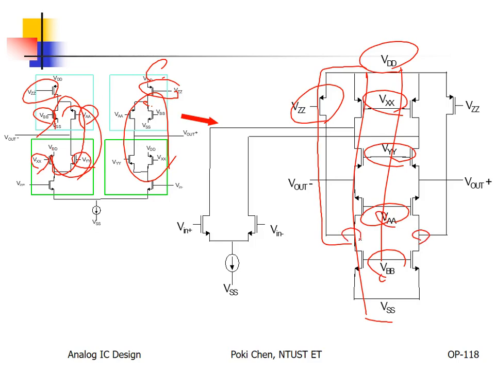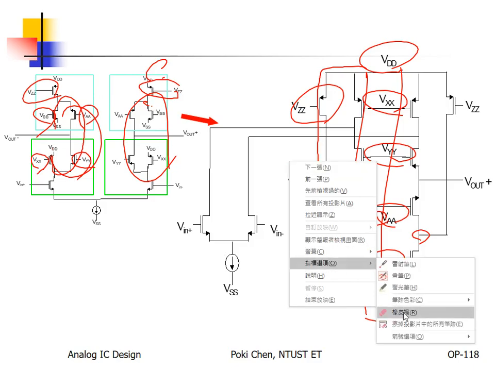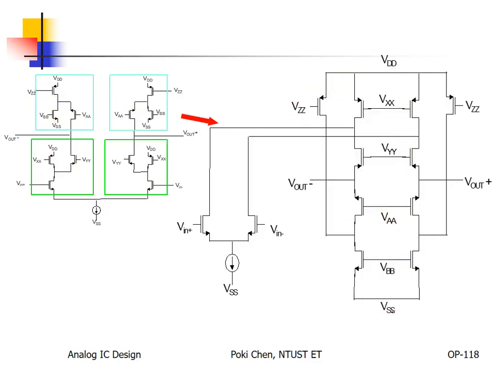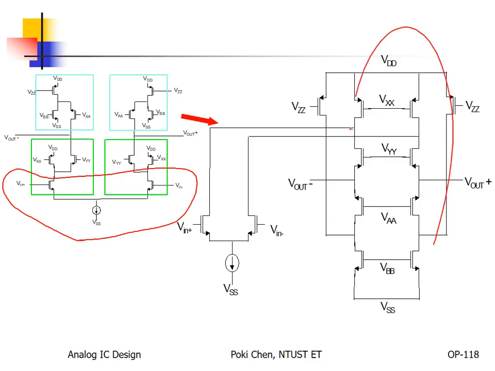And how about the rest, which are not taking care of the differential input? Where are the differential inputs attached to the circuit here? Oh, let's have a look. To the middle of VXX and VYY, right?